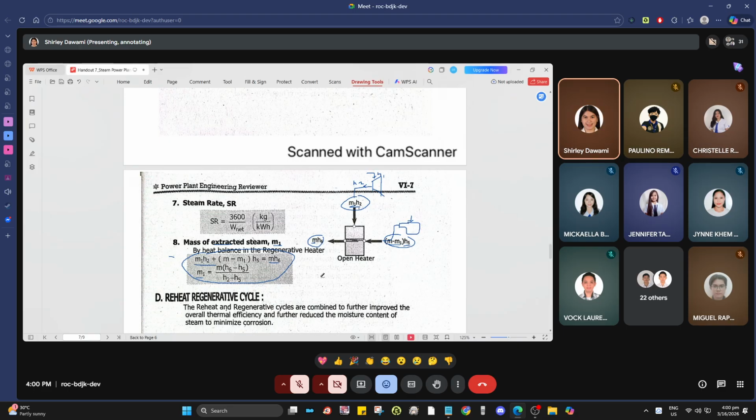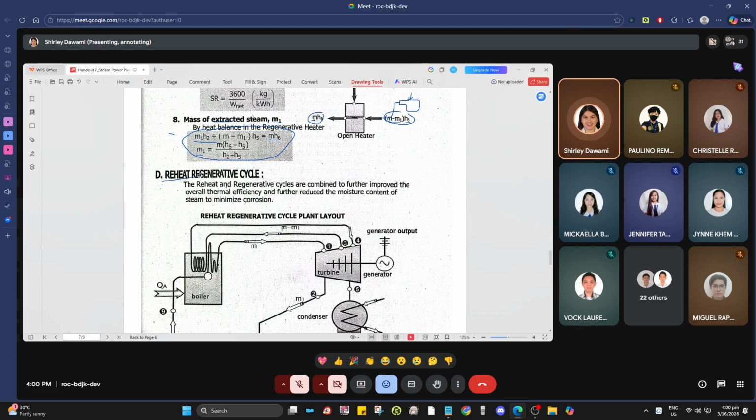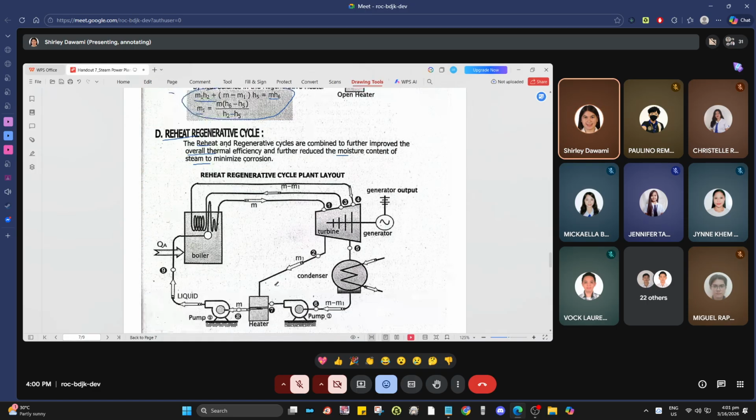Okay. So moving on to reheat regenerative, no, the last one. So the reheat and regenerative cycles are combined to further improve the overall thermal efficiency and further reduce the moisture content of steam to minimize corrosion. So this is a combination of reheat and regenerative cycle, meaning naay reheat process ug regenerative process during a cycle.